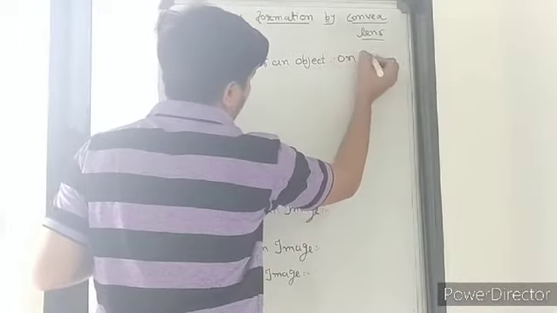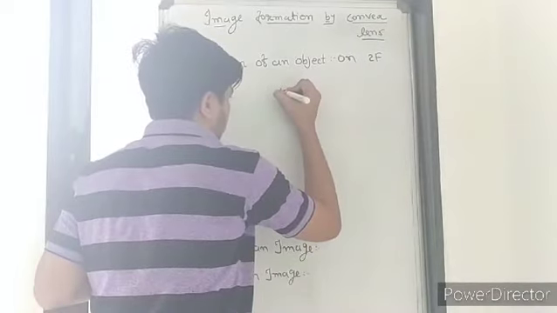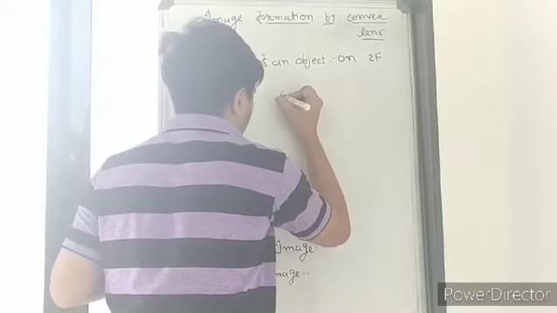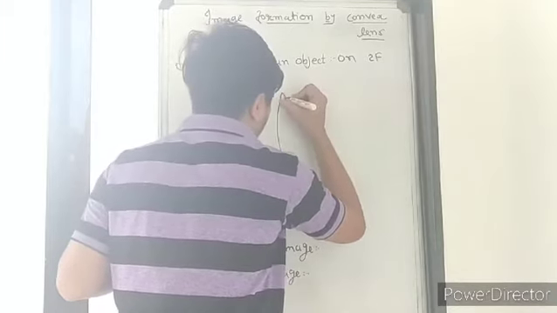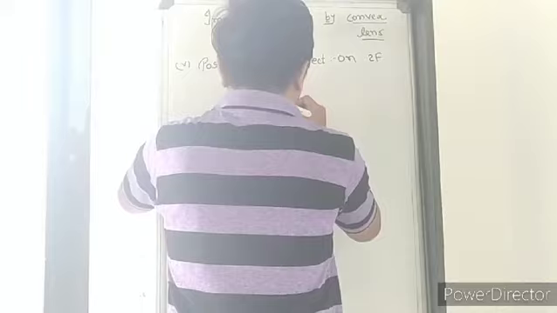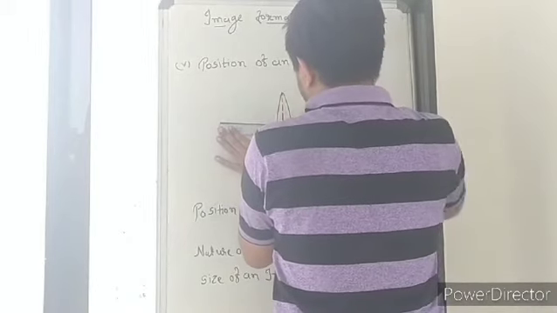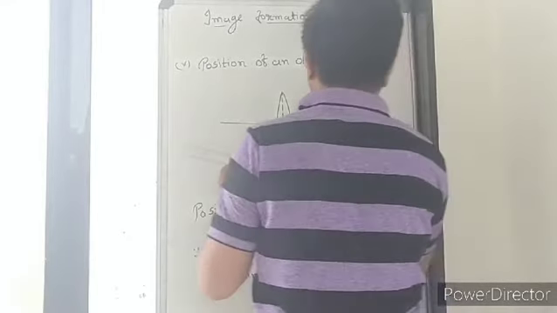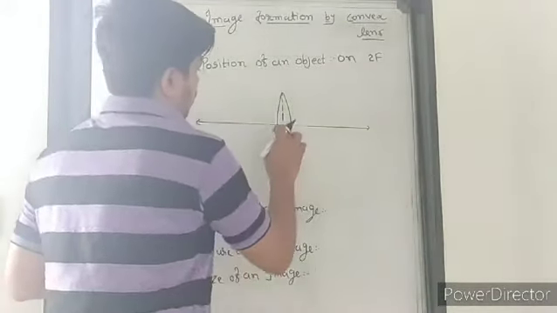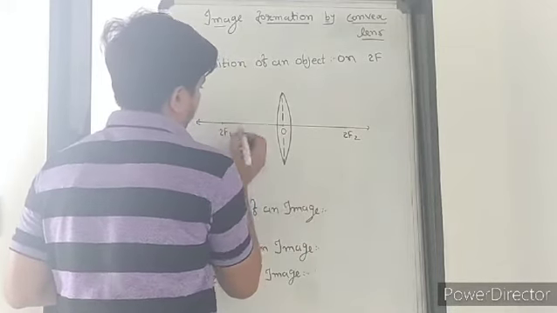If object is on 2F, like when an object is on C. Here it is O, 2F2, 2F1.